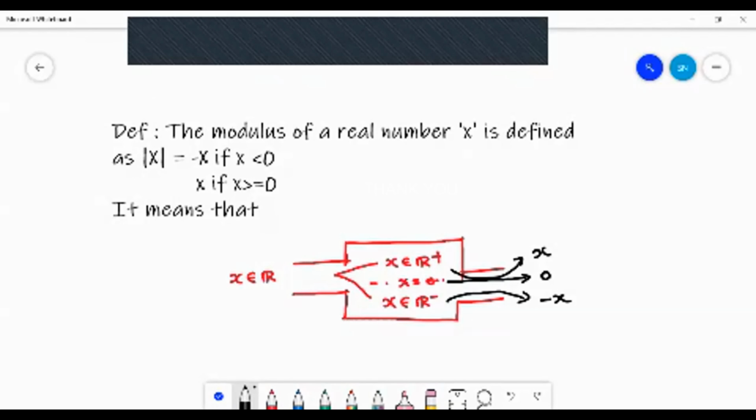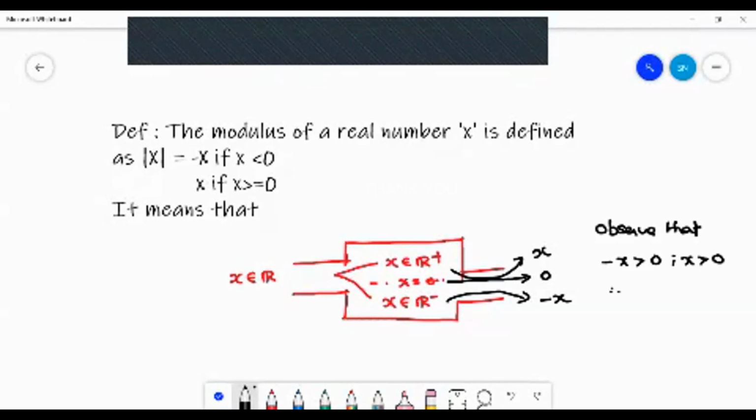Here we can make a certain observation: minus x is greater than 0, since minus x applies when x is less than 0. And as we know, x is already greater than 0 in the second case.